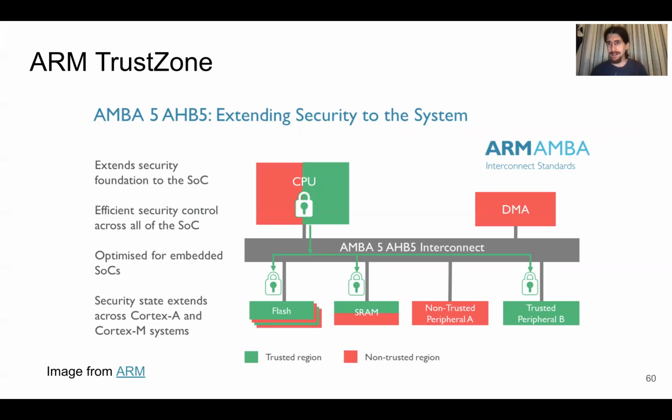One way of implementing it is that you have two different CPUs. One runs in secure mode, one in non-secure mode. Another way is that you have only one CPU, like described in this picture, where you have a bit in one of the processor registers saying in which mode you're running. Are you in secure mode or in non-secure mode? And the idea is that not only the CPU has this concept of secure and non-secure mode, but also other peripherals. For example, the RAM, the memory.